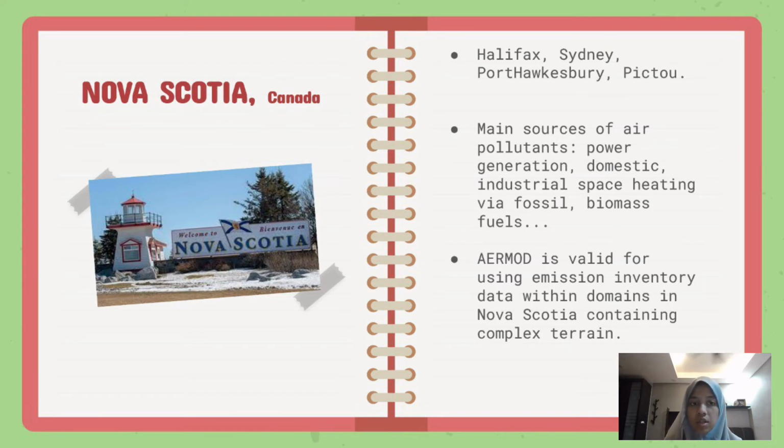The surface concentration from the point and major line sources in all domains from all metrics were found to be well below the national air quality standards. AERMOD has shown its utility as a suitable model for conducting dispersion modeling from point and line sources in Nova Scotia, with good model skill for estimating annual and monthly sulfur dioxide concentration in Halifax and Sydney.